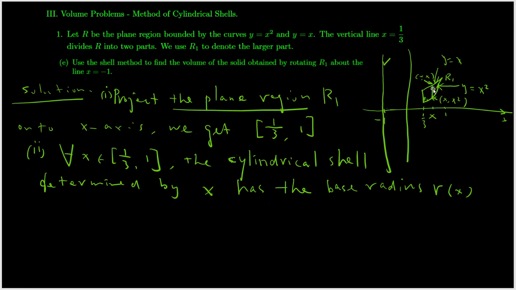You rotate the little line segment around a different vertical line. This time the vertical line has the equation x equals -1. Now we are going to imagine the base radius. The base radius is that length, right? So do you see it's x plus 1, as Chad said?